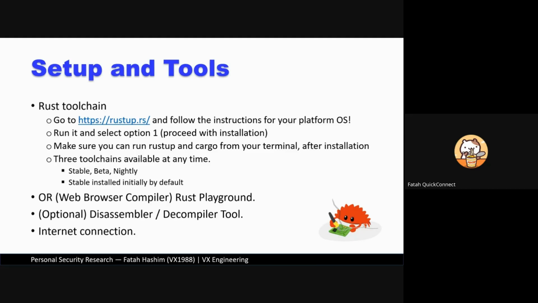Or you can use a web browser compiler, which is Rust Playground, and you can look it up in Google. Also, this is optional, you need a disassembler and a compiler tool, but it's okay if you don't have them. And you may need an internet connection here.